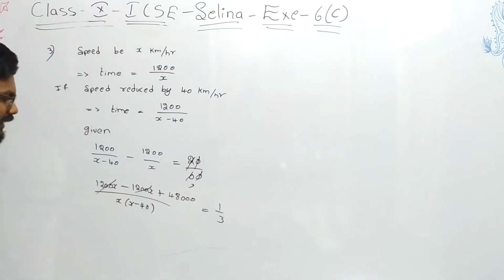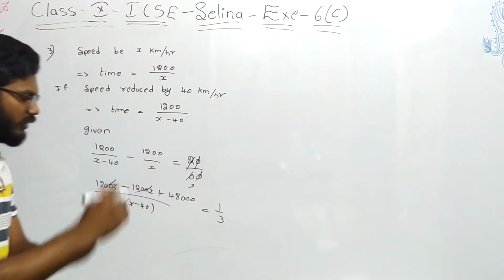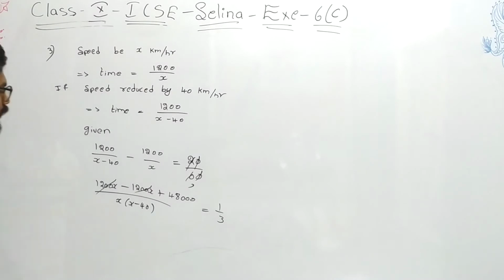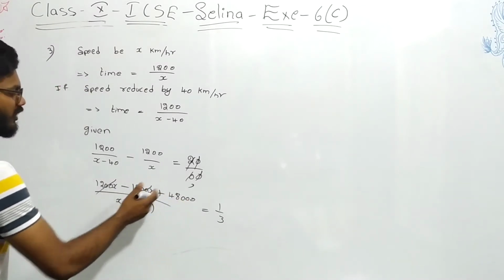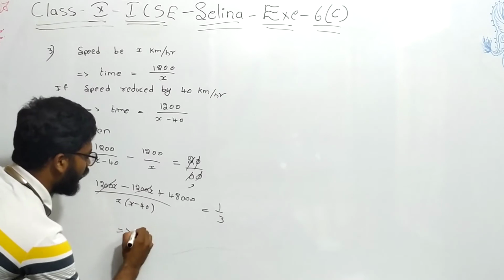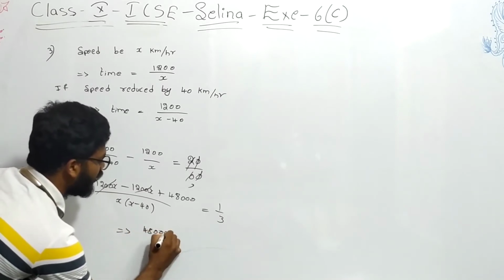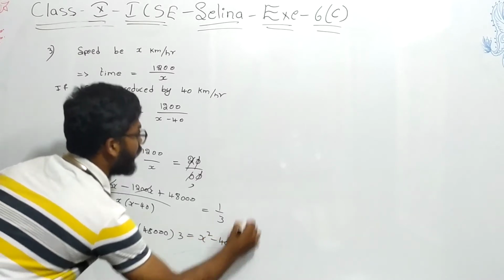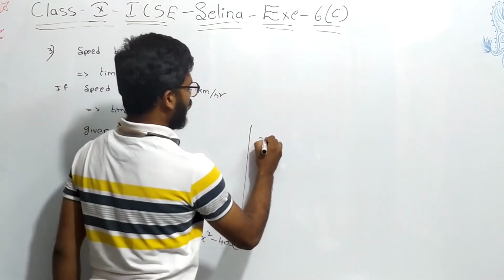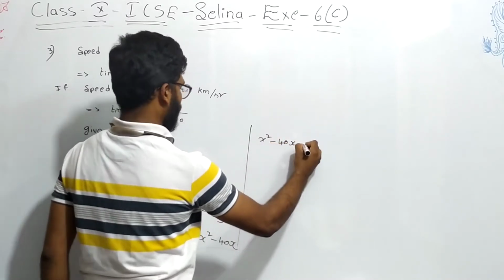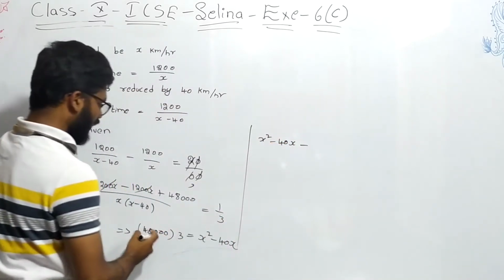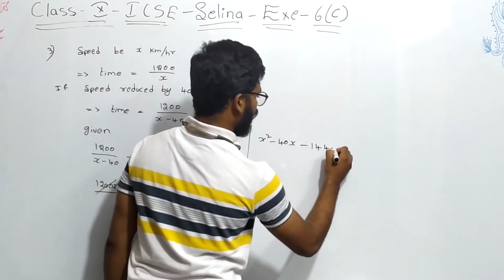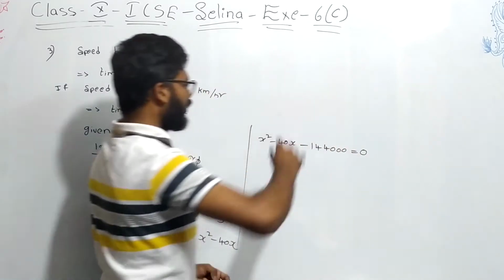So 48,000 into 3 is equal to x square minus 40x. Therefore, x square minus 40x minus 1,44,000 is equal to 0.